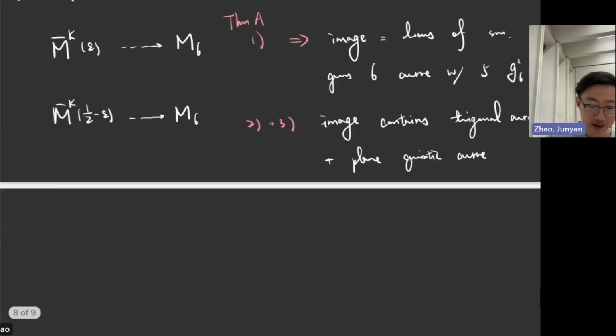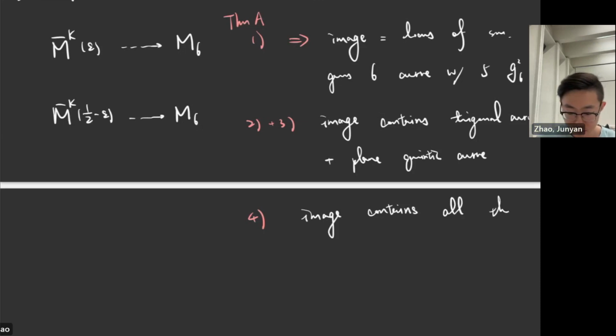And also we have Theorem 4. Theorem 4 tells you that the image will contain all the other general curves.